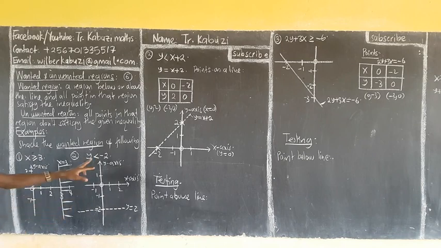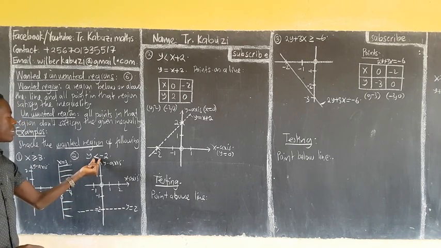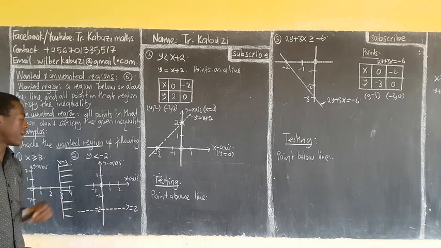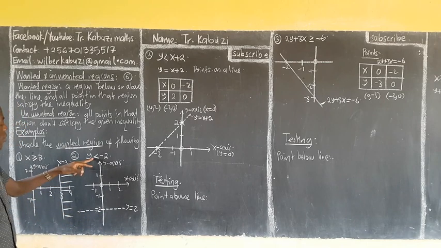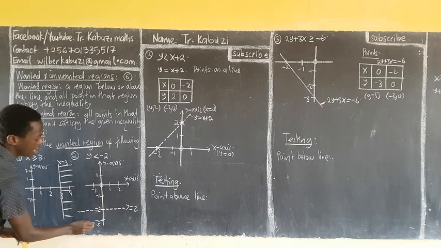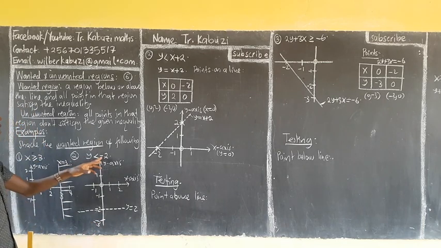When you come to this one, because it is less than, that's why our line is dotted or broken. The region is where the values are less than negative 2.